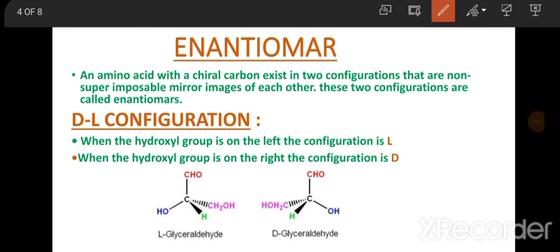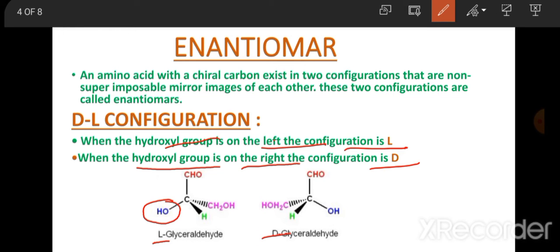Enantiomers are of two types: DL configuration and RS configuration. When the hydroxyl group is on the left, this is the L enantiomer, and when the hydroxyl group is on the right side, this is the D configuration.